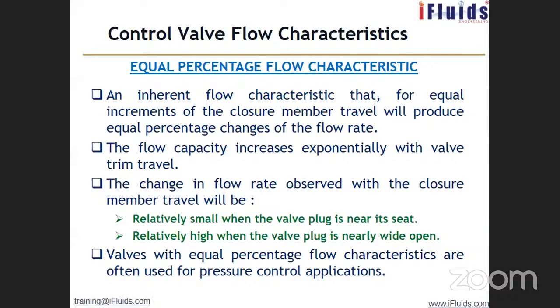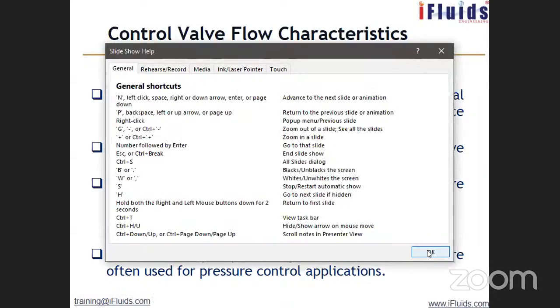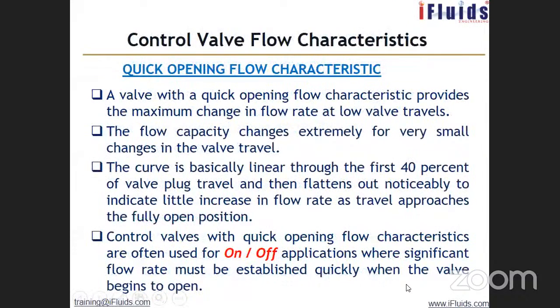It is small in the closed position and high at the open position. And what is the application? Again you have to see: equal percentage flow characteristics are often used for pressure control applications. So this is the use of this equal percentage valve.